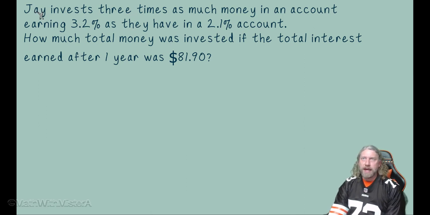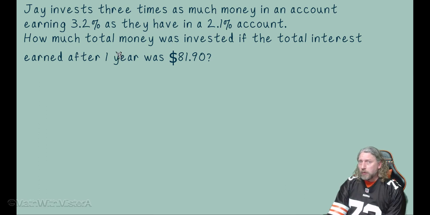The information that we have is that 3 times as much is going into the first account as is going in the second account. So we'll need to use some variables to represent those unknown quantities, and we are hoping to use only one variable to represent both unknowns.